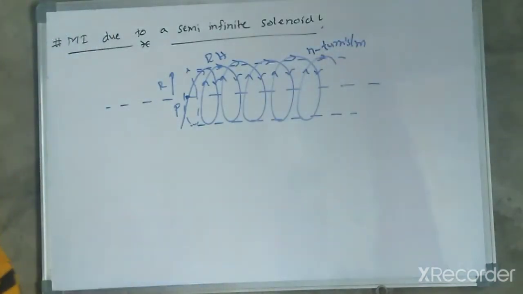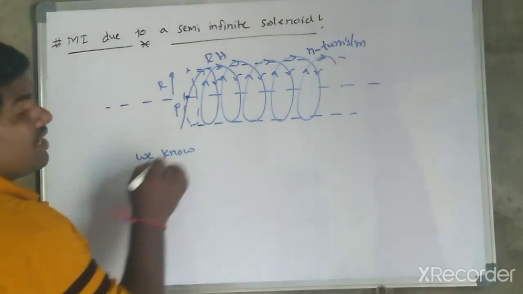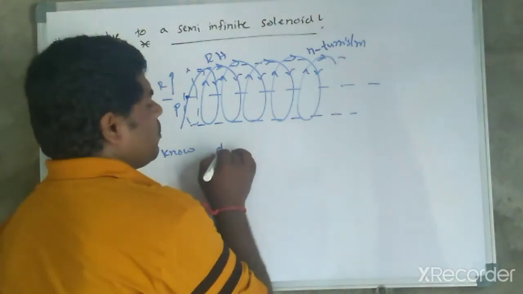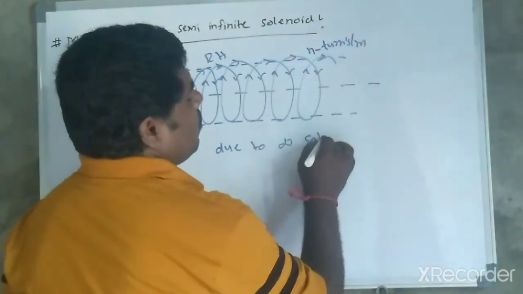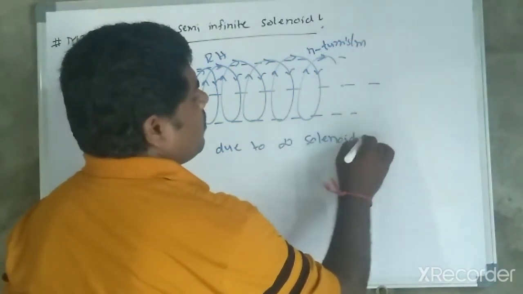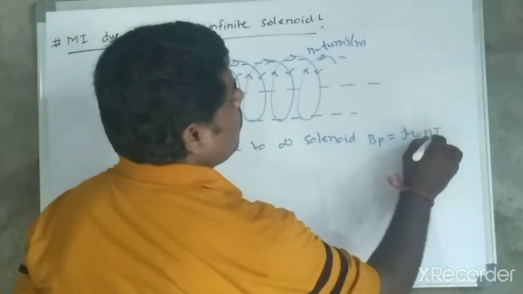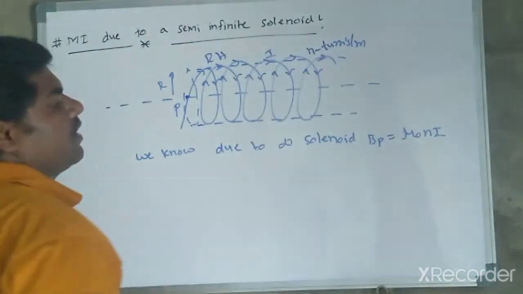As we know, for an infinite solenoid, BP is equal to mu naught n into I. This is the current direction I.